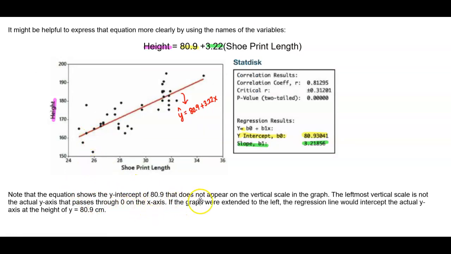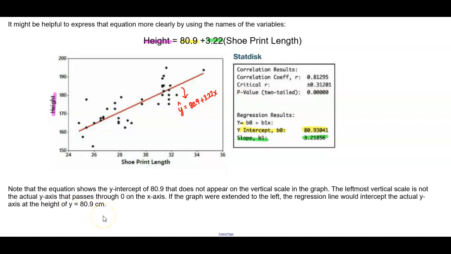It does not appear on the vertical scale on the graph because the leftmost vertical scale is not the actual y-axis that passes through 0 on the x-axis, because it starts at 24, which means we need to extend this a little further. If the graph were extended to the left, then the regression line would have the intercept, which would be the actual y-axis height of y equals 80.9 centimeters.